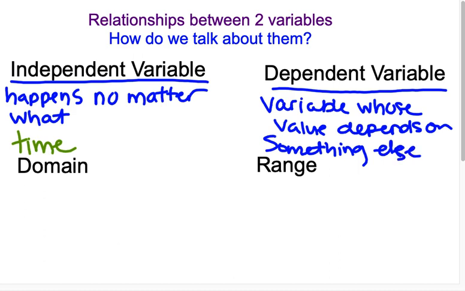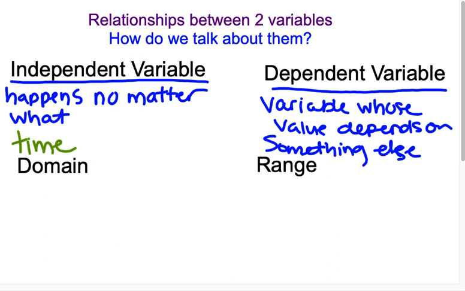It's going to depend on the independent variable, okay? So it makes sense. The independent variable happens no matter what. The dependent variable, well, its value depends on that independent variable, okay?